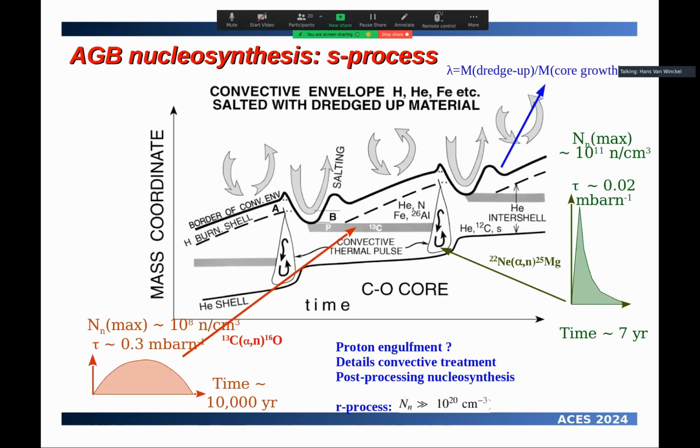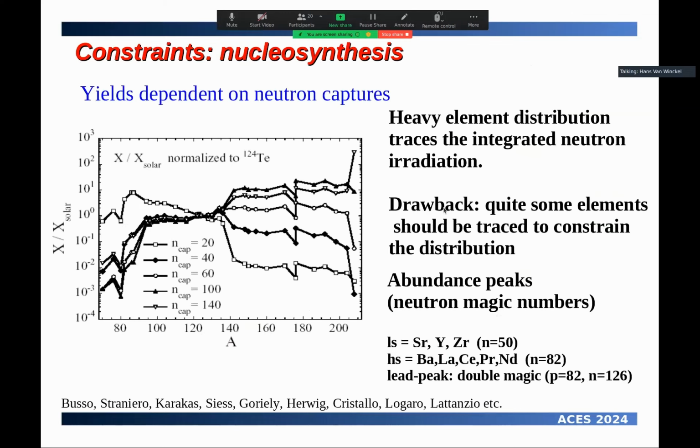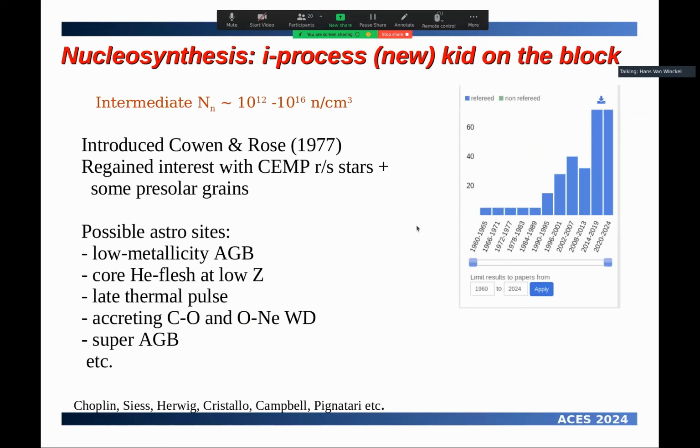If you connect the shell, so the pulse, in fact, with the protons coming from the envelope, that may happen only in low mass, low metallicity AGB stars. Other regions are not so relevant for us today, but there are many sites in which the I process may occur.